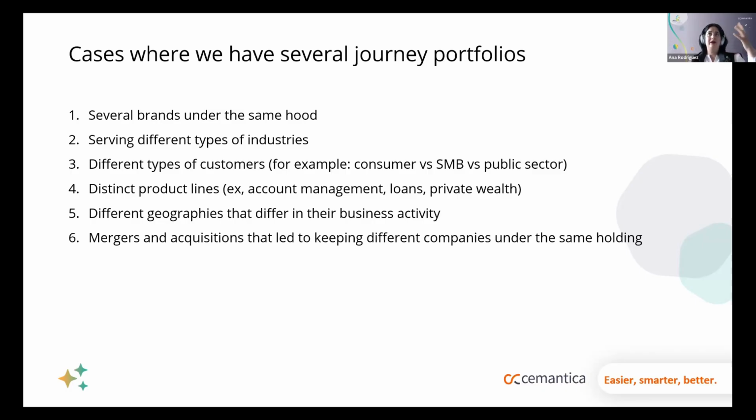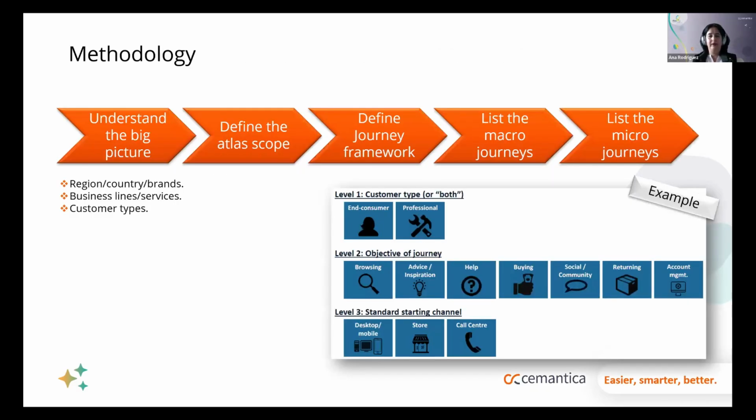How can you start? How can I identify all the different journeys? What is the approach? Don't worry, because we have an approved methodology that we are running with our customers in order to give you some guidance on how to tackle this specific process. The first step that we recommend is to understand the big picture. Does your company, or the company you are mapping for, have different regions, different countries, different brands?